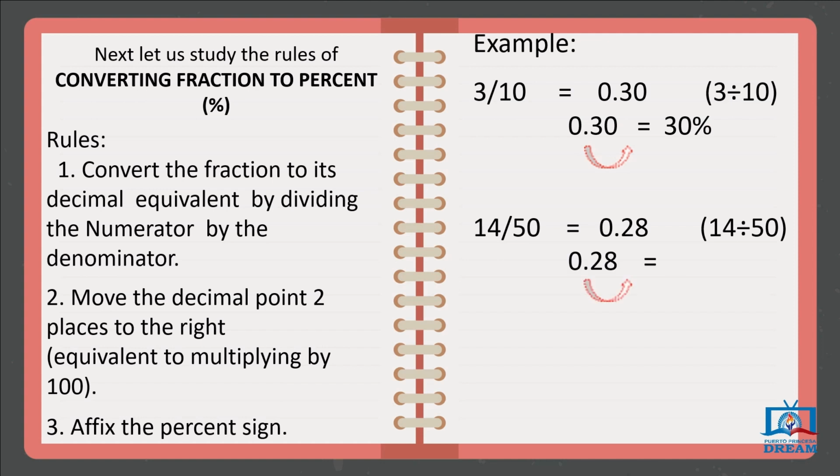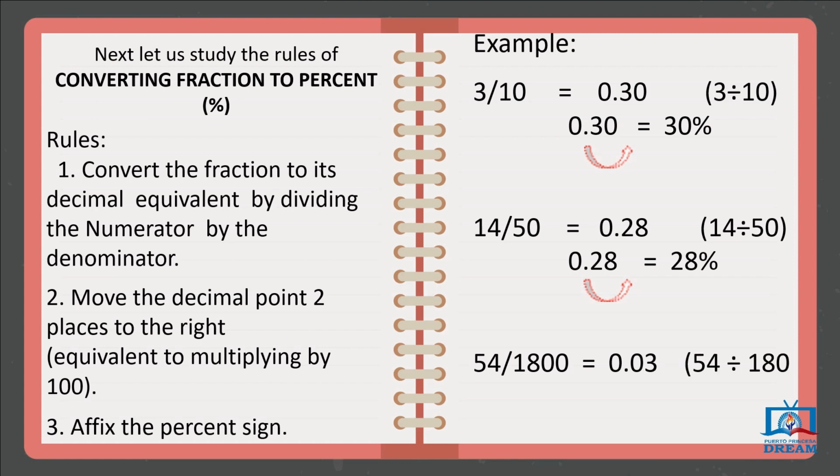That is, 14 divided by 50 is equal to 0.28. Copying 0.28 and then moving the decimal point 2 places to the right will give us 28%. So 14 over 50 is equal to 28%.